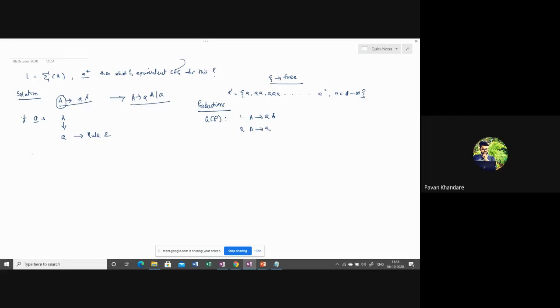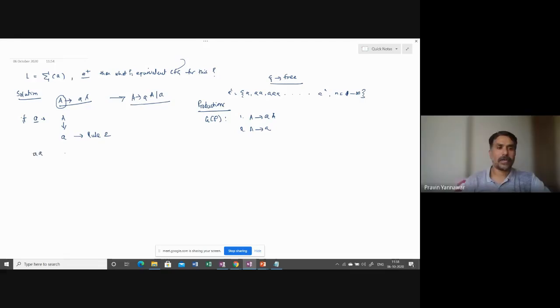If I want AA, then A is giving me AA, and this A is giving me A. So this is by rule 1, and this substitution goes by rule 2.